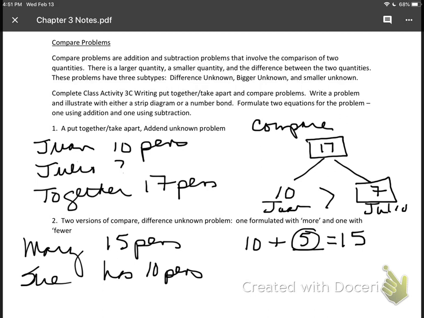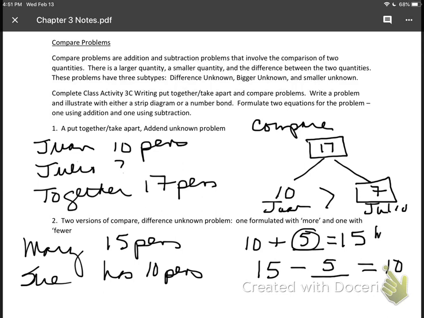Let's go the other way. How many fewer pens does Sue have than Mary? Well, Mary has 15, so I take away some unknown number, and I end up getting 10 pens. So it looks like Sue has 5 pens less than Mary.